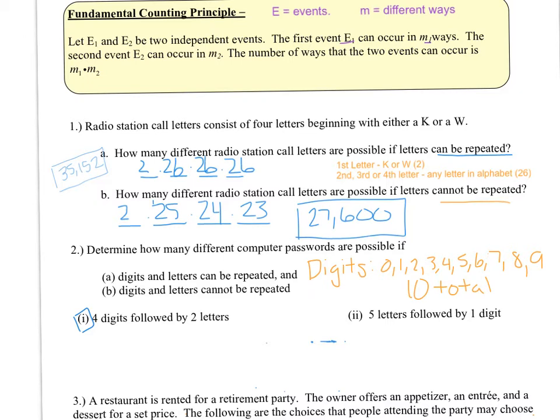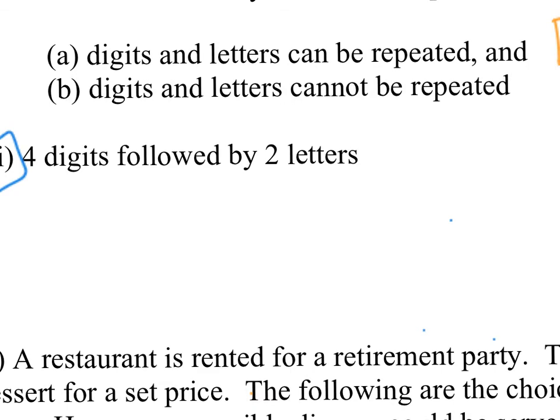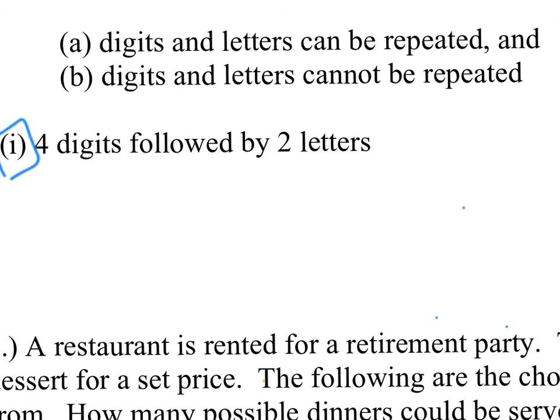So it wants to know about digits and letters that can be repeated and digits and letters that can't be repeated. If we look at our first example, it says 4 digits followed by 2 letters, so we're going to have 6 total spots. This is A, where they can be repeated. The first 4 are digits. We have 10 total digits, and we can repeat them, so we have 10 to choose from each time.